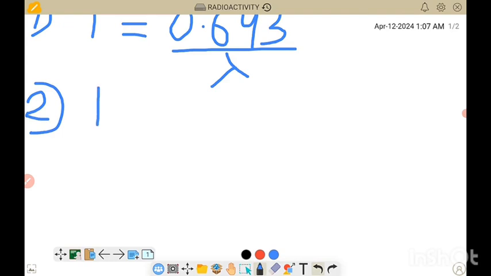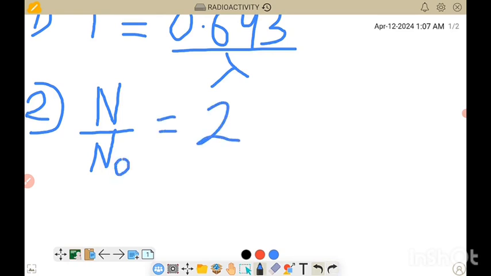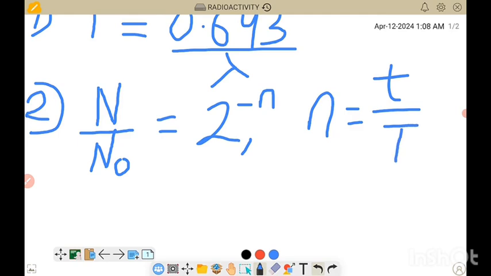We have n over n naught equal to 2 raised to power minus n, and that is connected to this particular one, where we have n equal to small t over capital T. Let me quickly explain this.